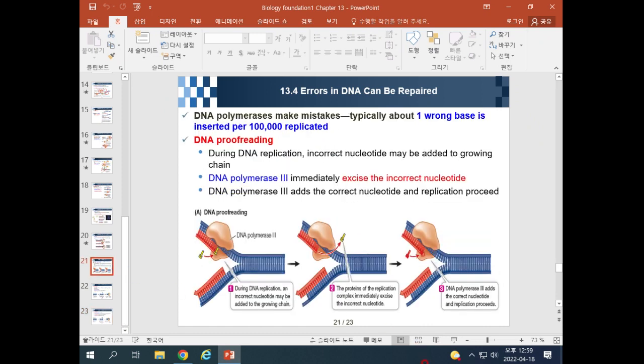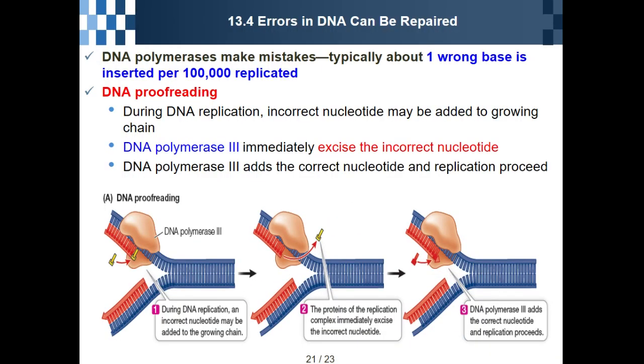So an old person has a higher chance to get cancer, but some old people still have no cancer because of DNA proofreading. Our human body has this ability. Our human body has DNA proofreading ability.